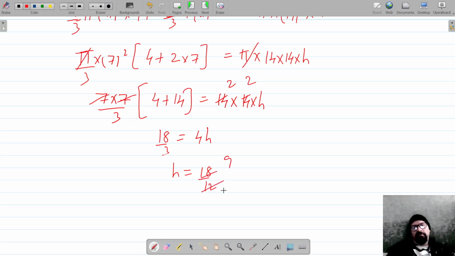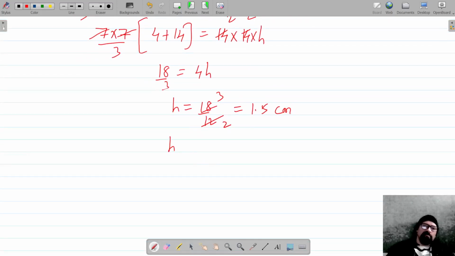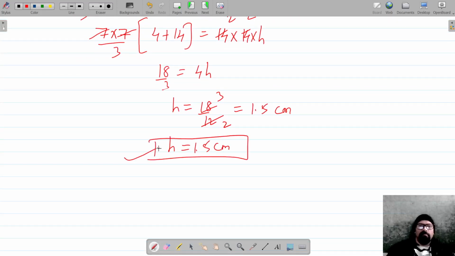So 2 nines are 18 and 2 sixes are 12, or rather we can use 6 threes are 18, 6 twos are 12. So this is 1.5 centimeters height. So rise in level of the water is 1.5 centimeter.